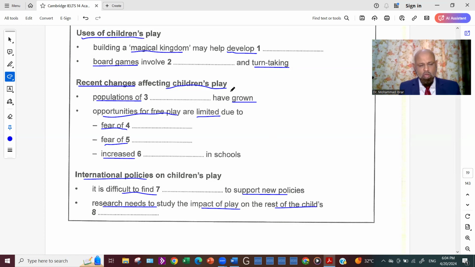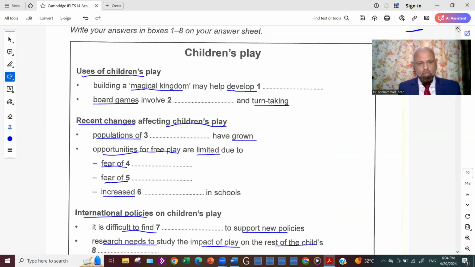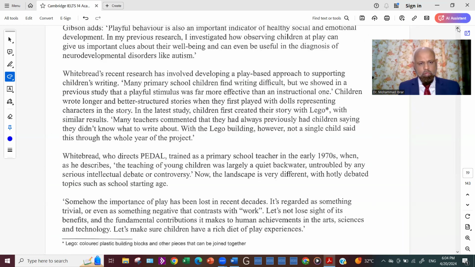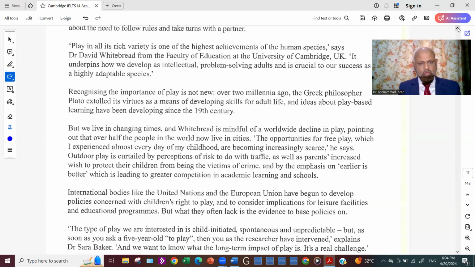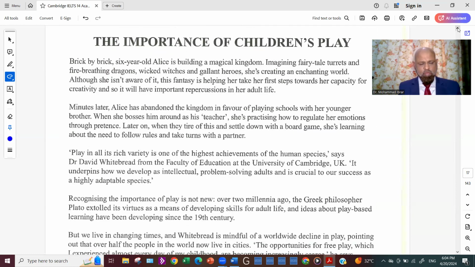Now we'll find. So the first clue here that we take is uses of children's play, and then magical kingdom. Children's play, magical kingdom. Okay. Let's go back to the text. The passage has started.